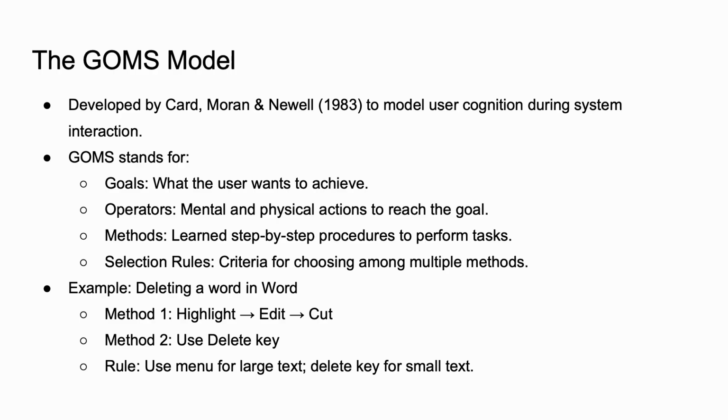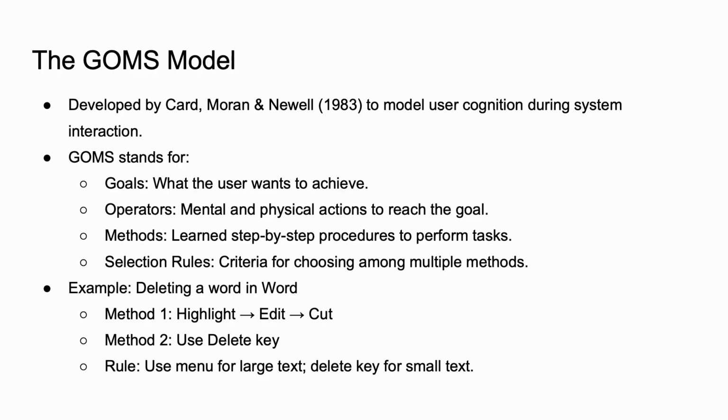Operators are the mental or physical actions, like moving a cursor or pressing a key. Methods outline the specific steps for achieving the goal, like using a menu or the delete key. Selection rules help the user decide which method to use when more than one is available.